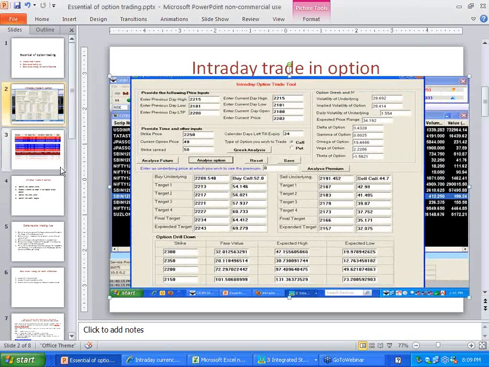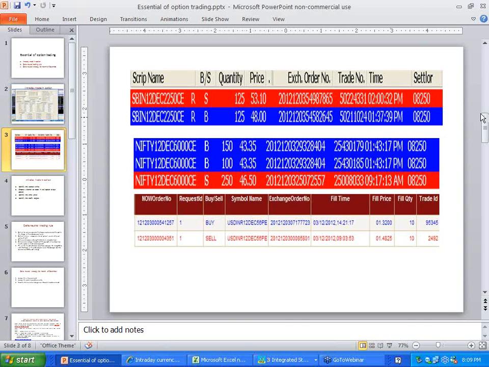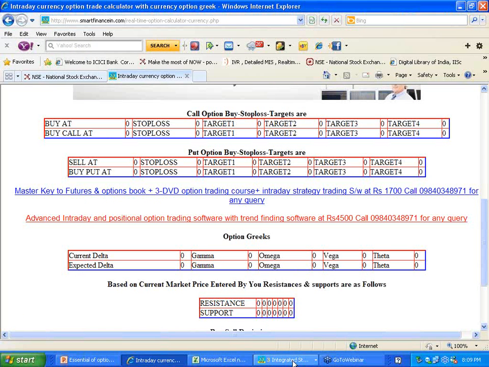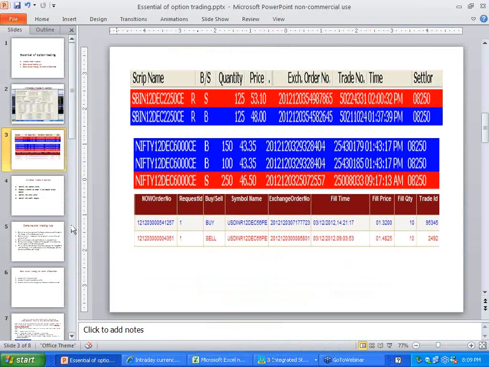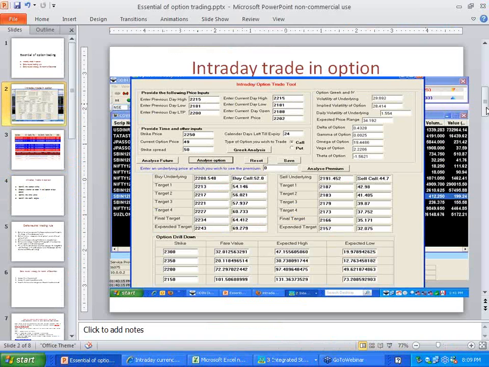I entered this trade around the 1:37 time frame. During that particular time, I got the State Bank of India's price as follows. I have ignored the previous day's high, low and last traded price because I am almost at 1:40, so the previous day is not important for me now.